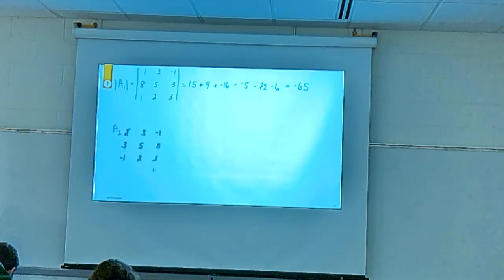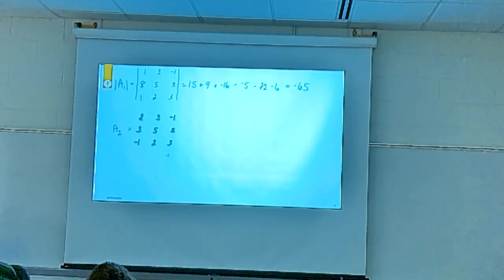A2. Replace the second column in A with B. Take its determinant.